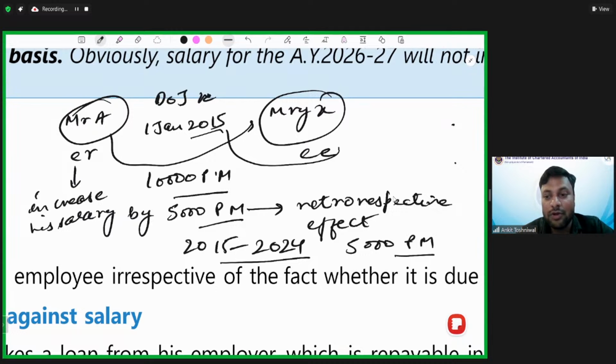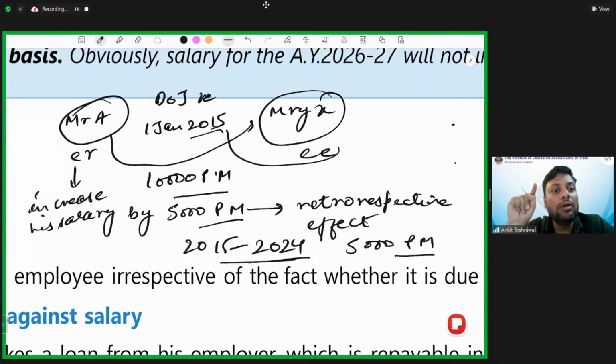No. It was not due, because there was no such decision pending that there would be an increment. The increment decision was taken in 2024 with retrospective effect to those years. So this salary is arrear, and this arrear of 5,000 per month was not taxable on due basis.